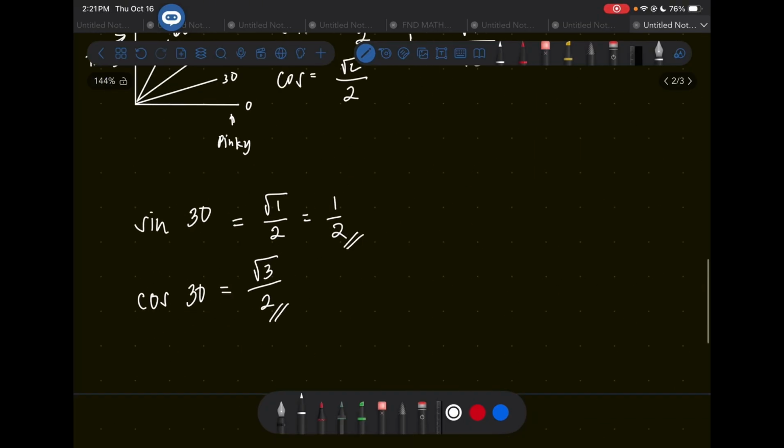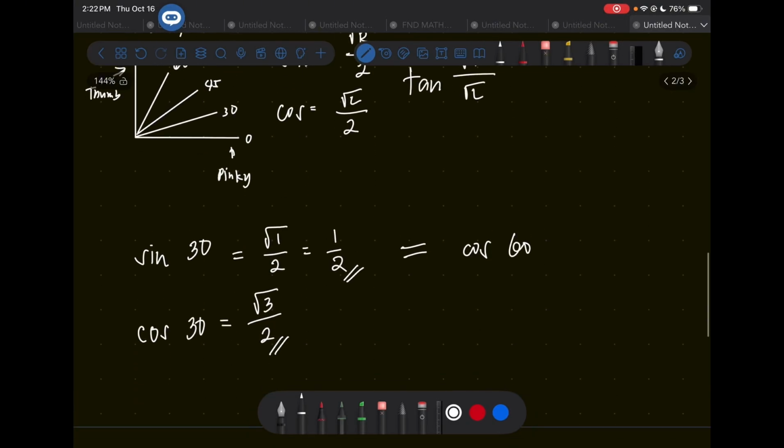Now, there's a technique in memorizing this. You can get the complement of 30, which is 60, and you just reverse the trigonometric functions. So basically, sine 30 is going to be equal to cosine 60.